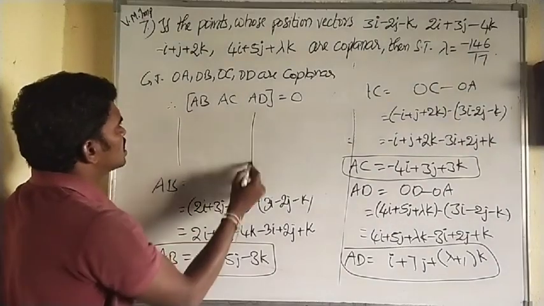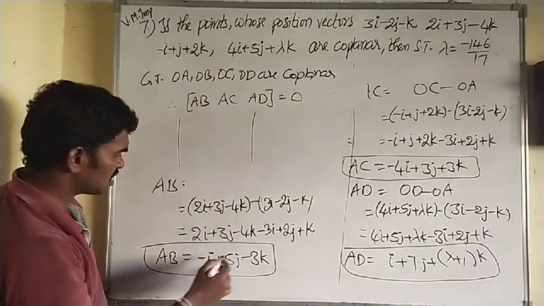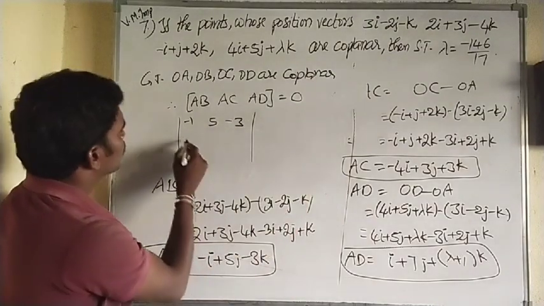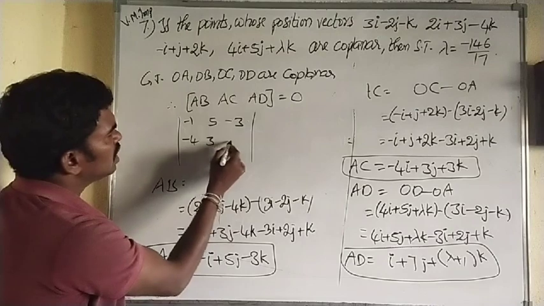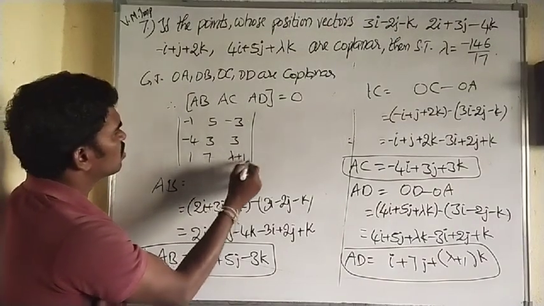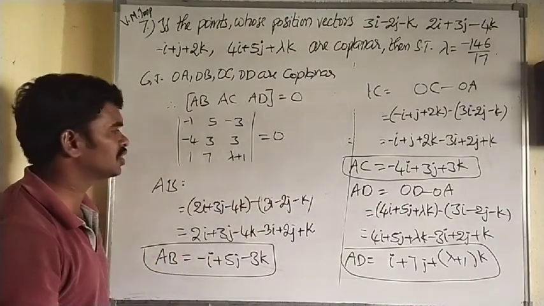Box AB, AC, AD means: AB is minus 1, 5, minus 3; AC is minus 4, 3, 3; AD is 1, 7, lambda plus 1; equal to 0.